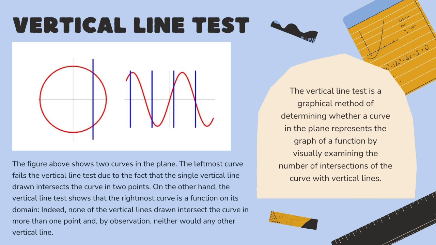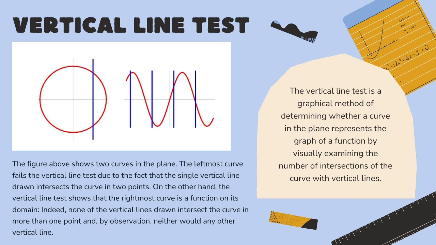curve in 2 points. On the other hand, the vertical line test shows that the rightmost curve is a function on its domain. Indeed, none of the vertical lines drawn intersect the curve in more than 1 point, and by observation, neither would any other vertical line.